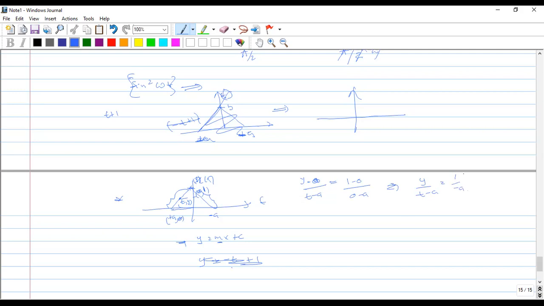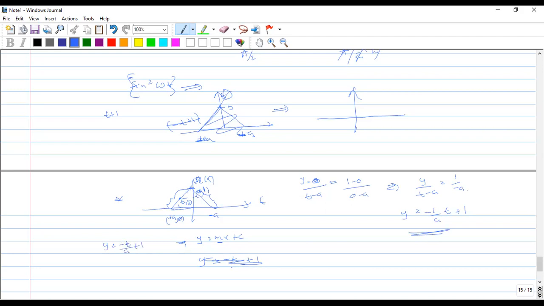So you can get y is equal to minus 1 by a t plus 1. So this is y equal to minus t by a plus 1.